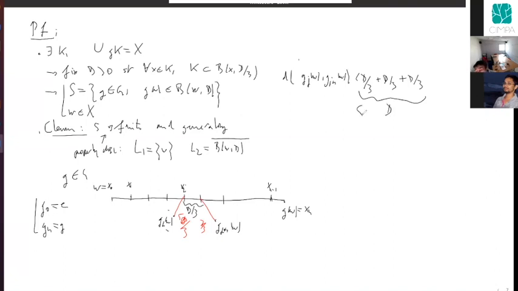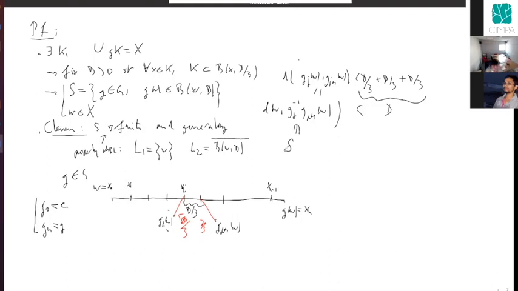And because the group acts by isometries, this is the same as the distance from w to gj inverse gj plus 1 of w. Because I can multiply by gj, this means that this element gj inverse times gj plus 1 moves w at a distance at most d. So this means that this element belongs to S.